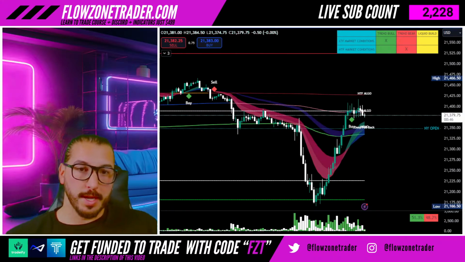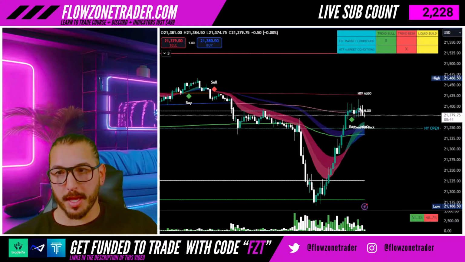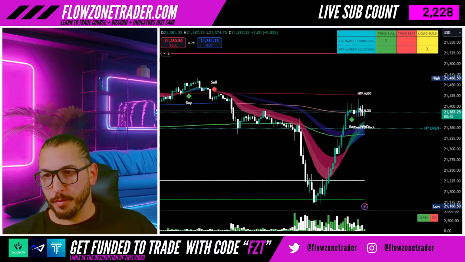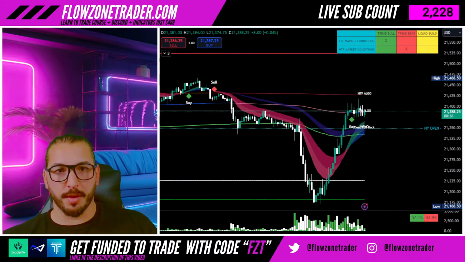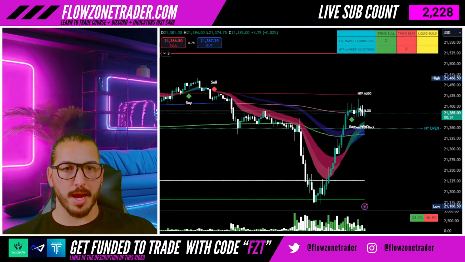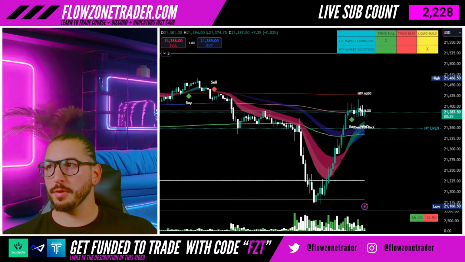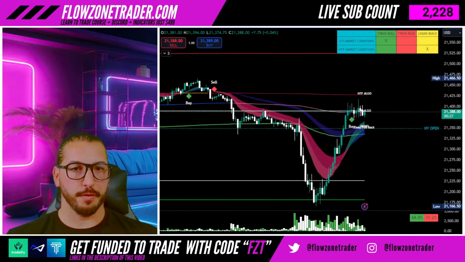Again, just waiting, looking for a pullback here first. Watching the M5, watching the H1, watching the point of control into around 60, watching VWAP into around 30s. These kind of areas are where I'm more interested in participating if we're going to offer that right shoulder, that inverted right shoulder, before moving higher.